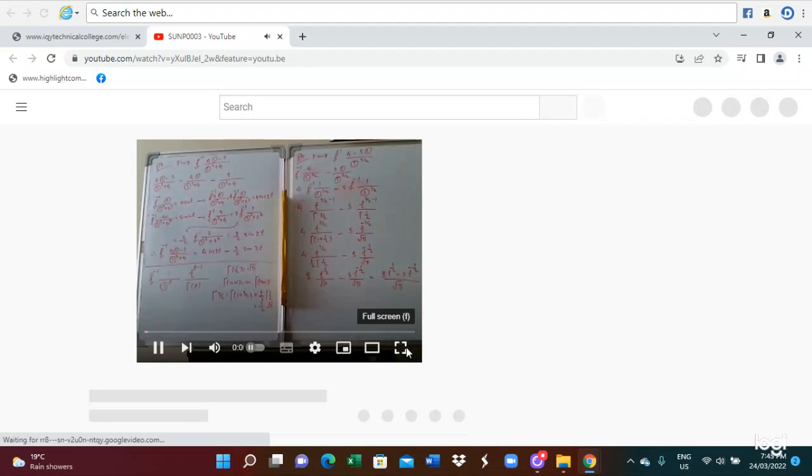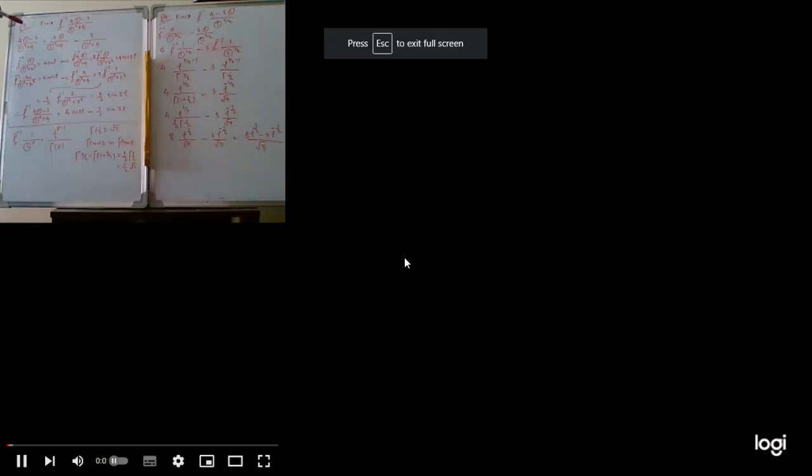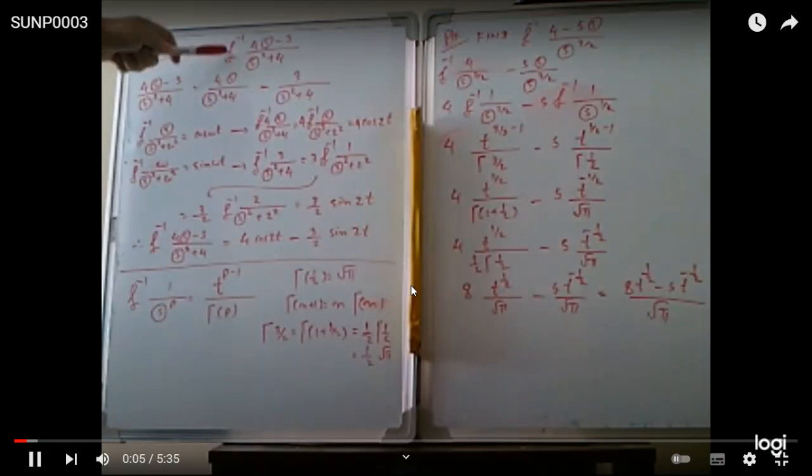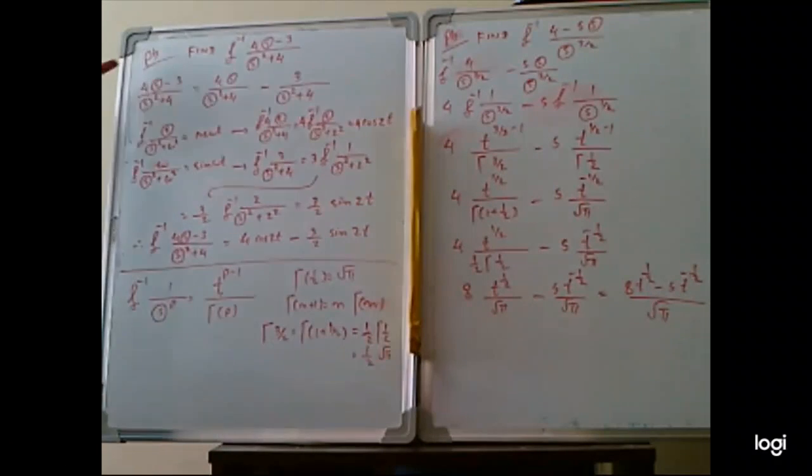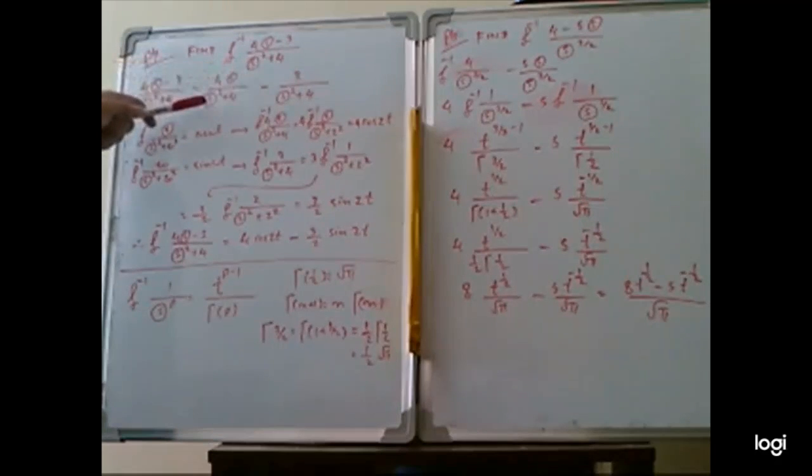Okay, so we can further calculate the Laplace transform problem. We have to find the inverse Laplace of 4s minus 3 divided by s squared plus 4. We can separate: 4s by s squared plus 4 minus 3 divided by s squared plus 4.